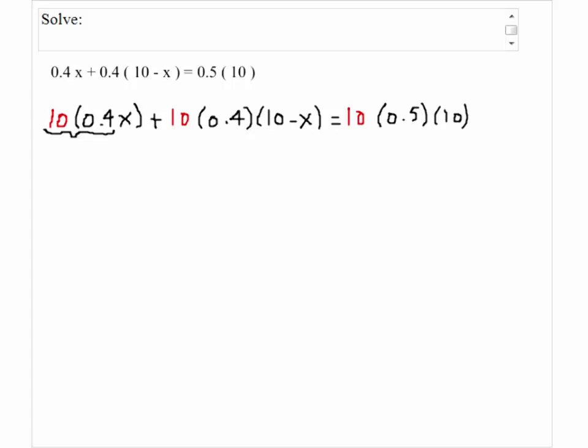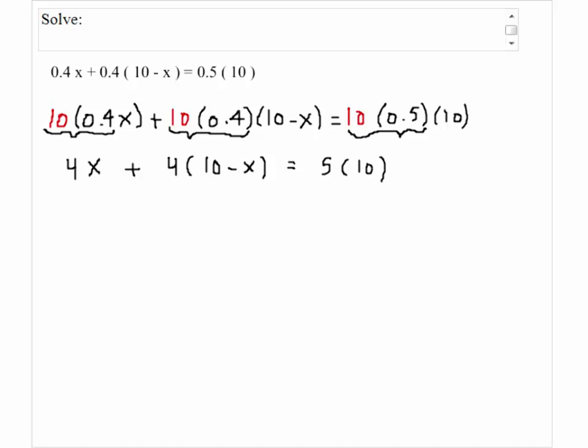We have 10 times 0.4, which gives 4, so it would be 4x plus 10 times 0.4, which gives 4 times (10 minus x), which is equal to, in this case, 10 times 0.5, which is 5 times 10.